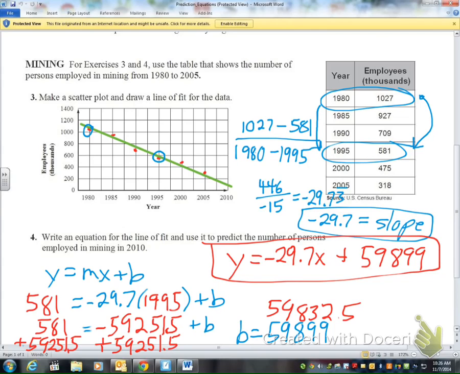So this would be our equation. Now, the other thing to consider here too is our b value is really, really large, right? I know a lot of you, when you got it, were like, whoa, because that's really big. And we're used to b being like 3 and 7 and stuff like that. Well, the reason that's big, if you think about this, we're saying that the number of employees decreases by about 29.7, or close to 30,000, per year, right?